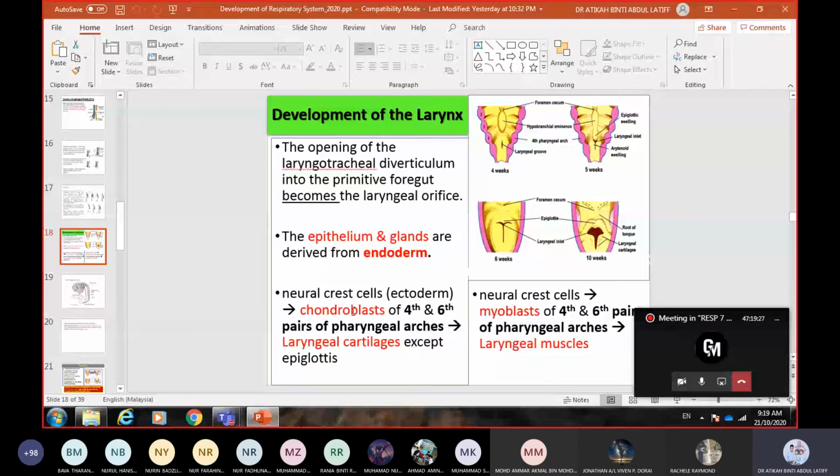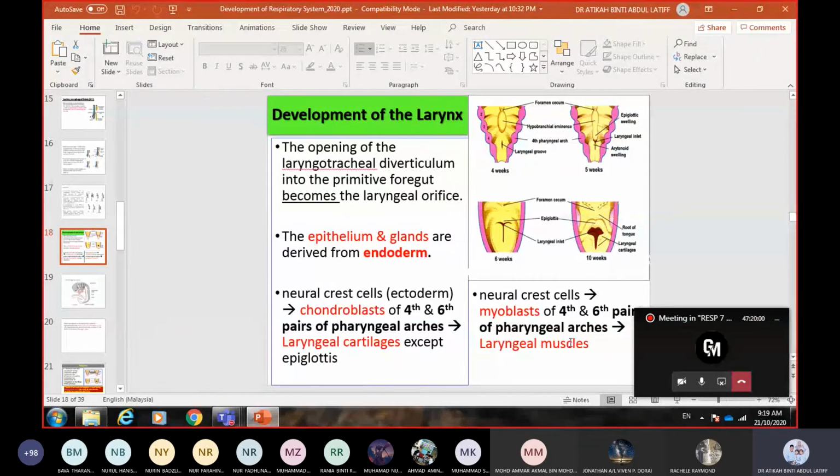Chondroblasts of these pharyngeal arches will form the cartilage, except the epiglottis, and the myoblasts, as the name suggests, form the muscle. So chondroblast, cartilage; myoblast forms the muscles of the larynx. You can see here, this is the 4th and 6th. Finally they will form the muscles and cartilage here.